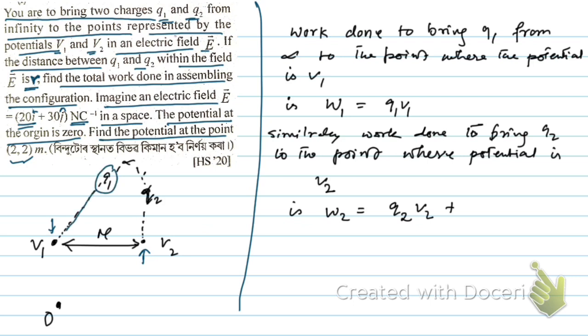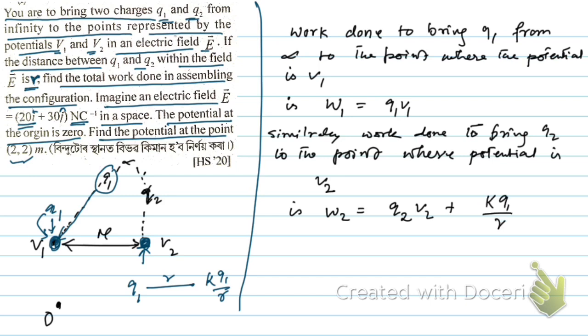Once you bring Q1 and establish it at this point, the potential at the other point will change. V2 was the initial potential, and after Q1 is brought to this point, the potential due to a charge Q1 at a distance r is given by K Q1 by r, right?